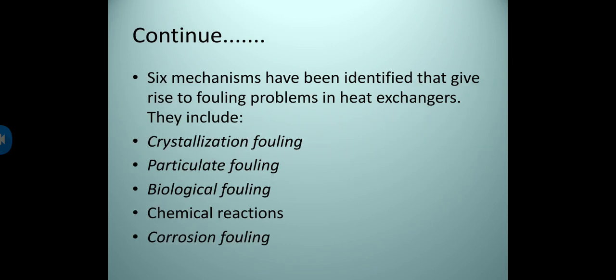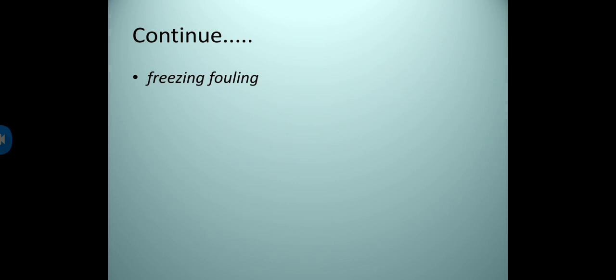See here the six mechanisms which have been identified that give rise to the fouling problem in heat exchangers. They include crystallization fouling, particulate fouling, biological fouling, chemical reaction fouling, corrosion fouling, as well as freezing fouling.